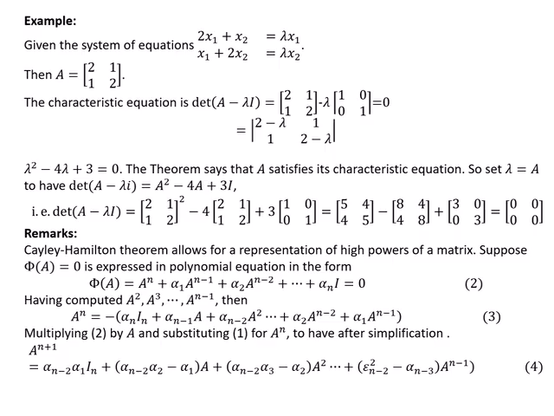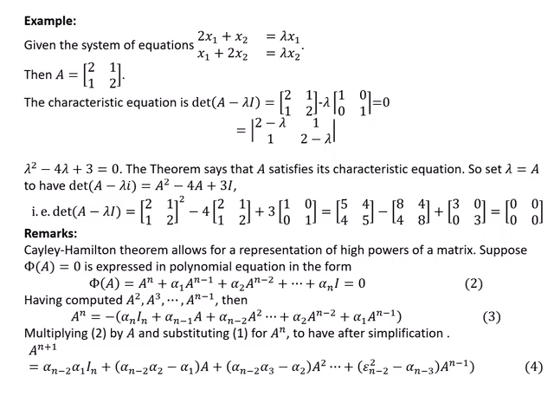The Cayley-Hamilton theorem allows for a representation of higher powers of a matrix. Suppose phi of A equals 0 is expressed as a polynomial equation of the form of equation 2.